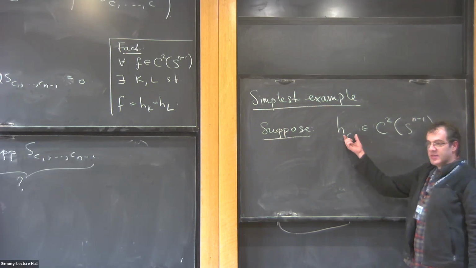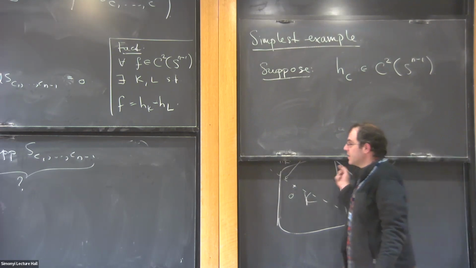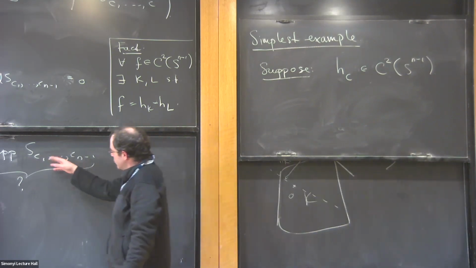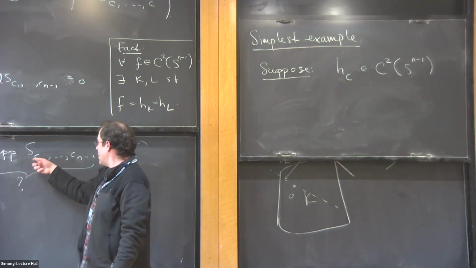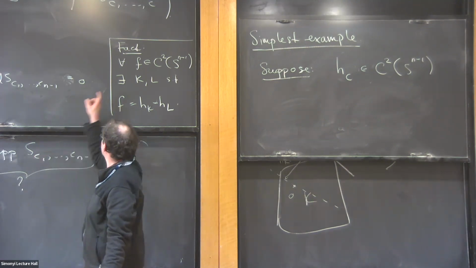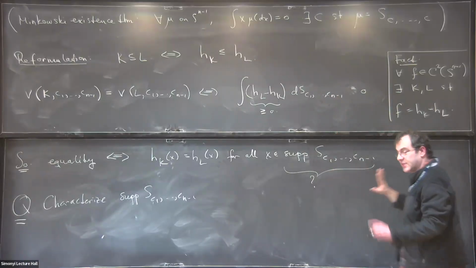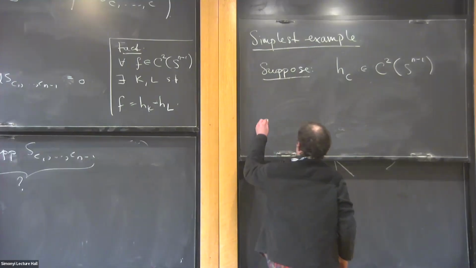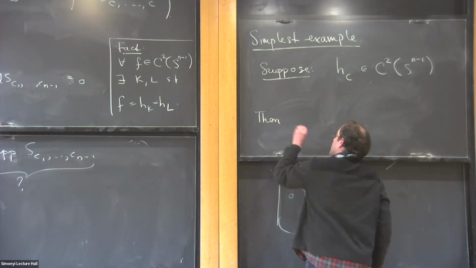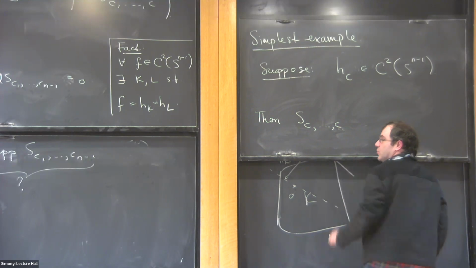Suppose I take a convex body so that the support function is twice continuously differentiable. You will see later that we have a formula for this: when all of these bodies have C2 support functions, we have a formula. But let's just think about the case where all of the bodies are the same. That's the simplest case. Let's study that one. Then we have an explicit formula. So now I took all the bodies, I took n minus 1 copies of C.